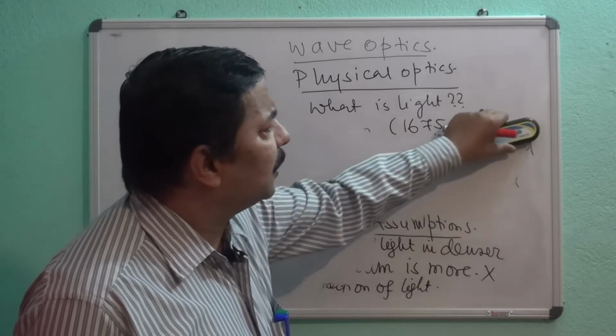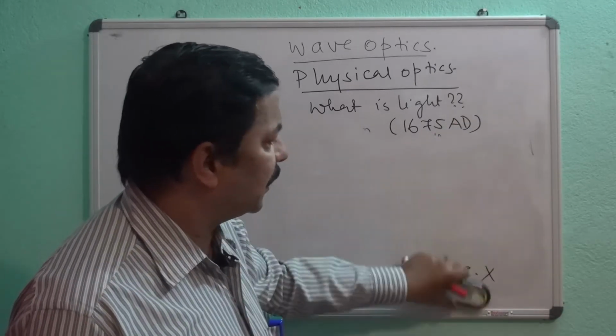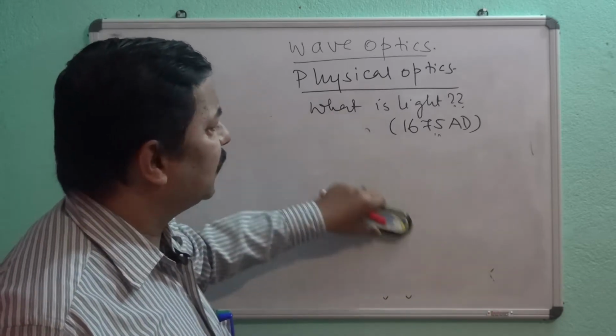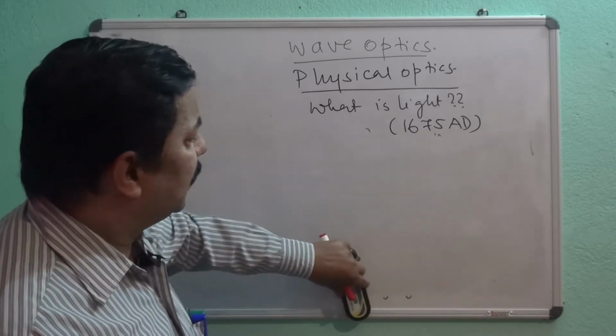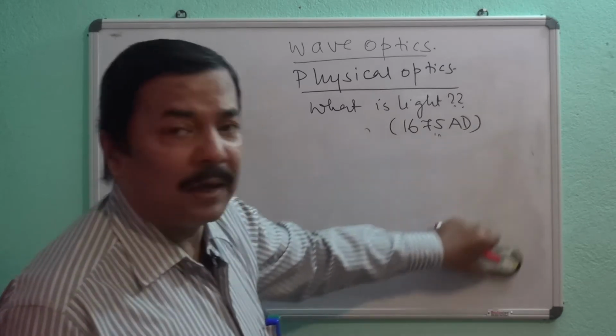At that time, the name of that scientist was C. Huygens. He was a Dutch scientist, and he said that light is a wave.